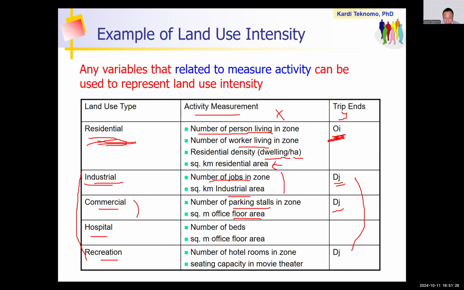So hotel, the same thing, the number of hotel rooms. And if there is a movie theater, then the seating capacity represents the input, the activities. And the output is the trip ends, how many people are attracted from there? So up to here, is there any question?